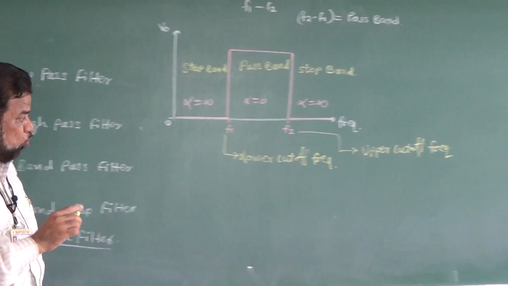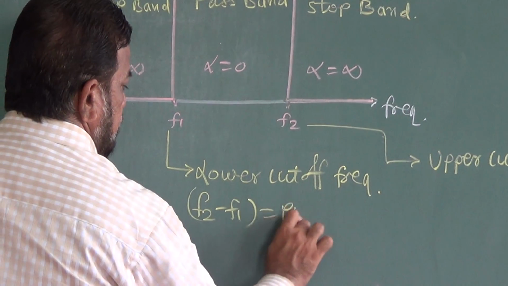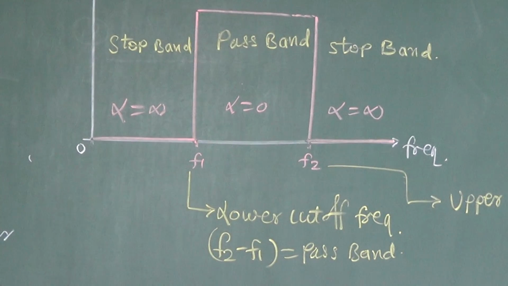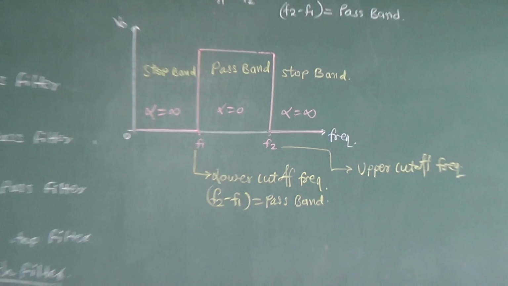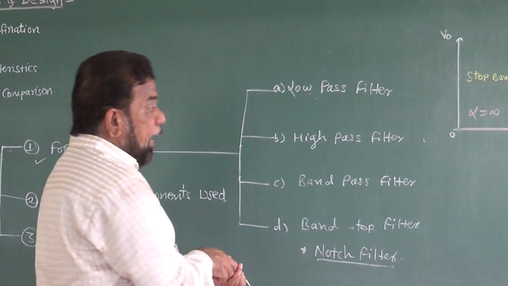F2 minus F1 is your pass band. That means that particular range of frequencies is available at the output. So this is the ideal response.